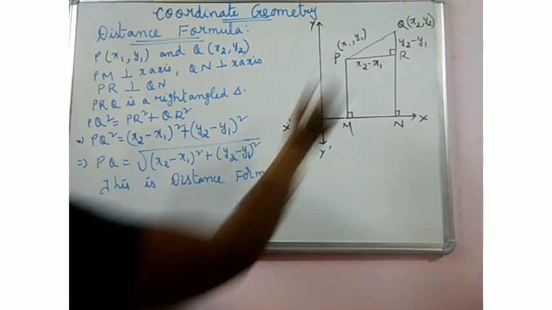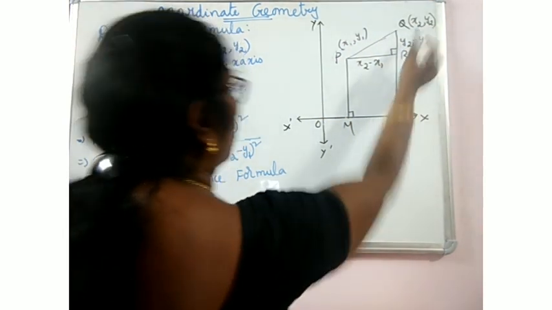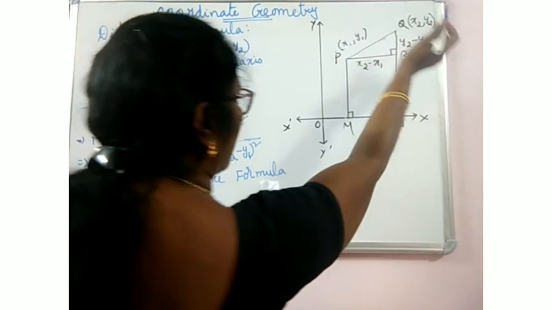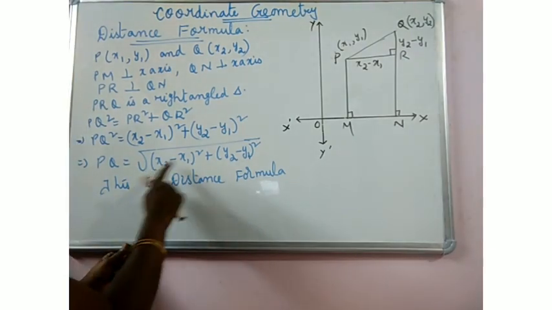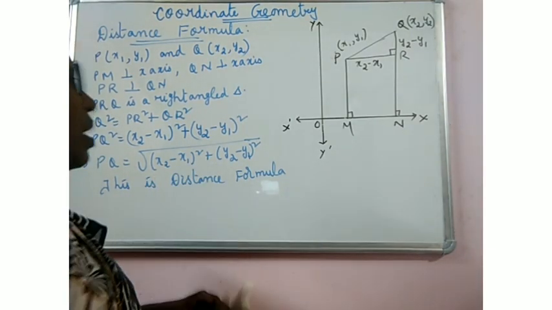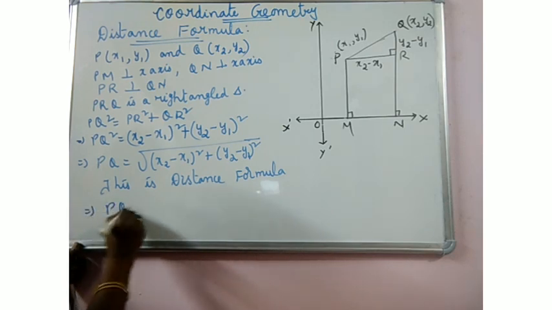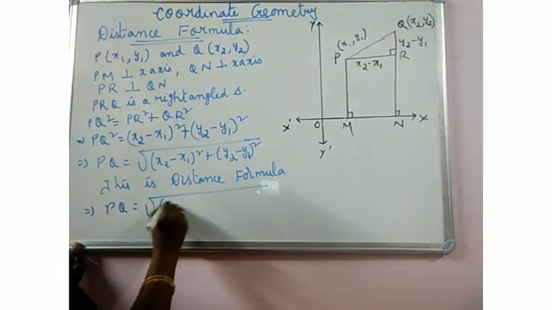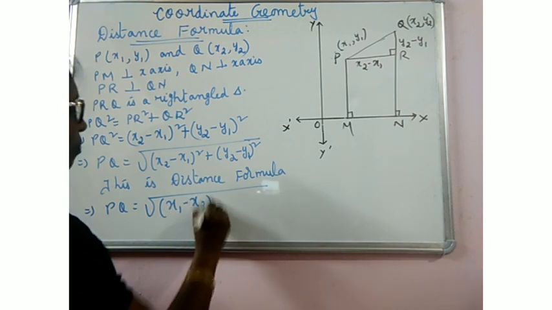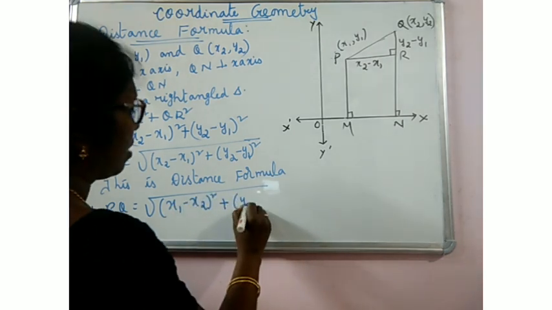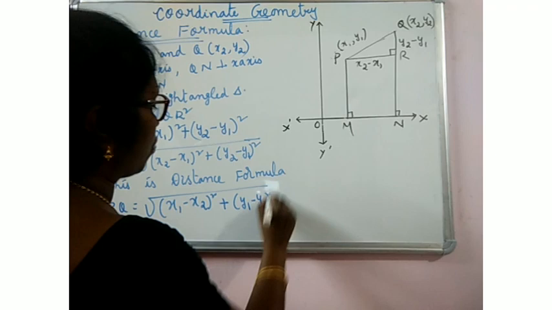Whether this is x1, y1, x2, y2, or this is x2, y2, x1, y1, whatever it may be, x2 minus x1 whole square itself is equal to x1 minus x2 whole square also. So this one we can write like this also: x1 minus x2 whole square plus y1 minus y2 whole square.